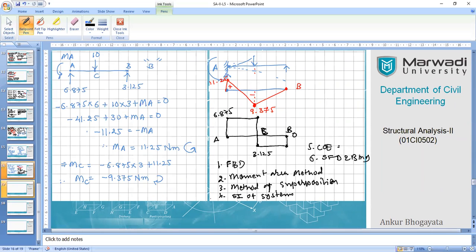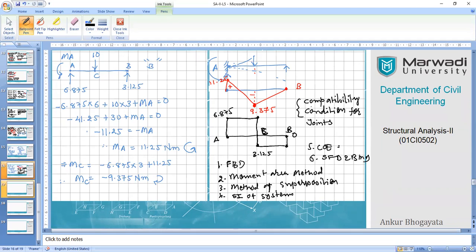But in all this process, what we learned as a new concept was the compatibility conditions. This was new for you today. So this was the crux of this numerical: compatibility condition for joints.